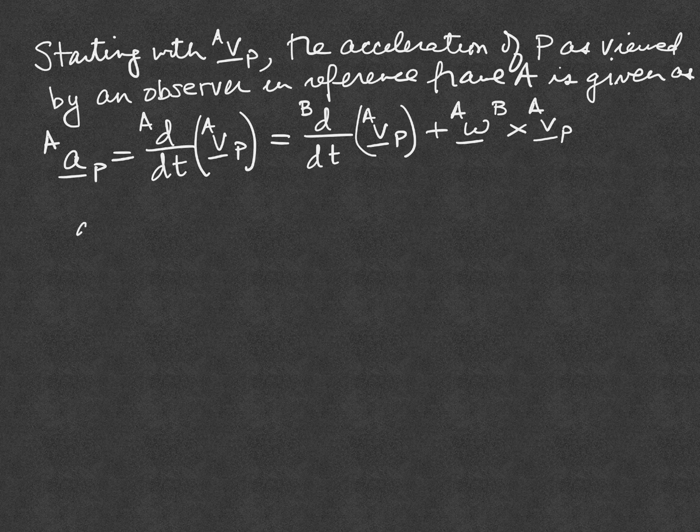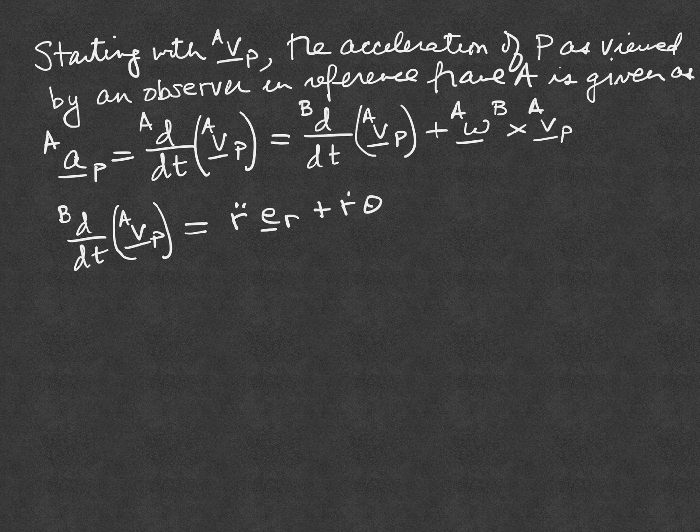So let's take the rate of change in frame B of the velocity of P in A. That's equal to, well, if I use the previous expression, I've got r double dot ER, and then I'm taking the derivative of r theta dot, so I get plus r dot theta dot plus r theta double dot. That's from the product rule for differentiation, plus z double dot EZ.